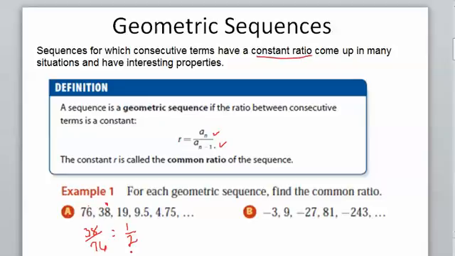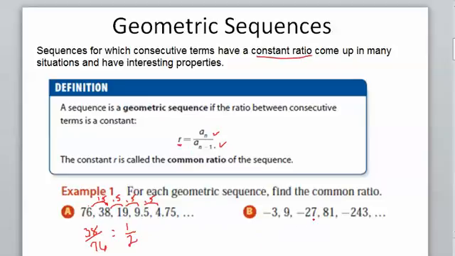So that common ratio between them is going to be 1/2. And if you do this every single time, divide each pair of terms, you get 1/2. So that's the common ratio between all the terms in the sequence.